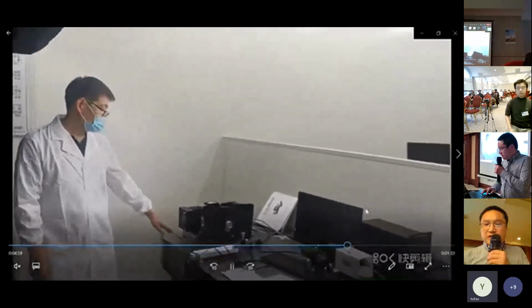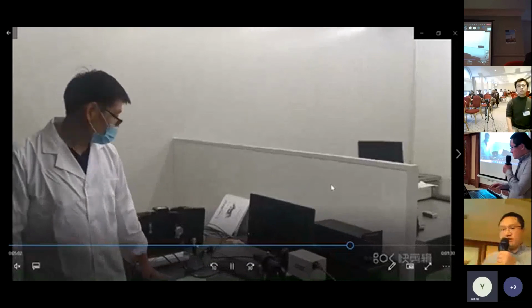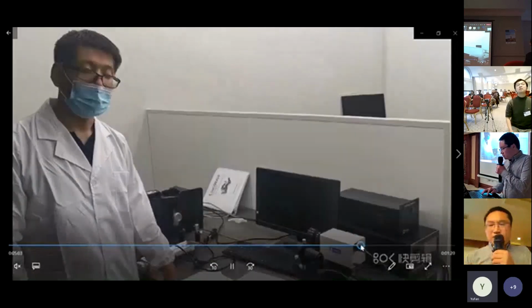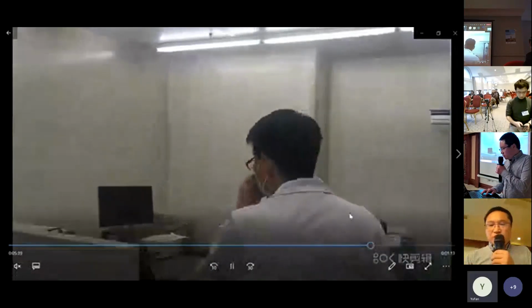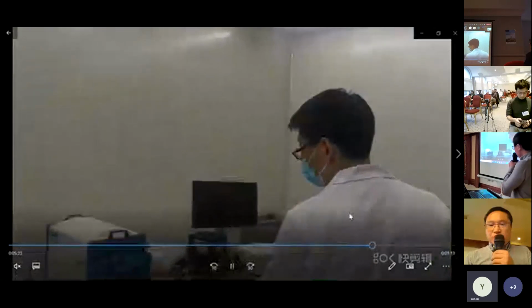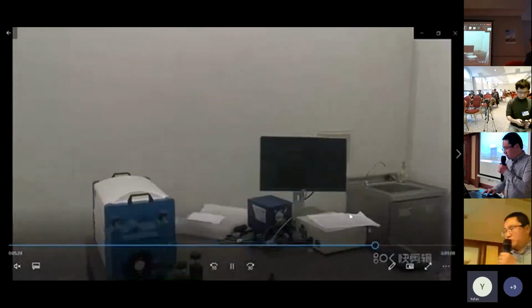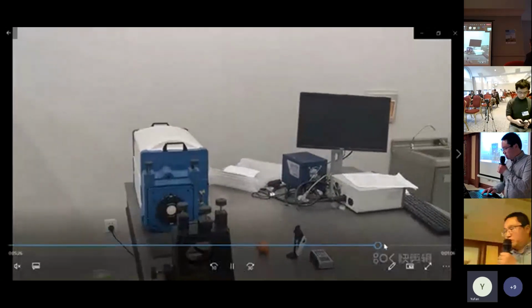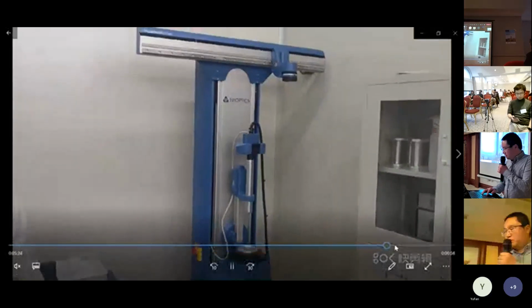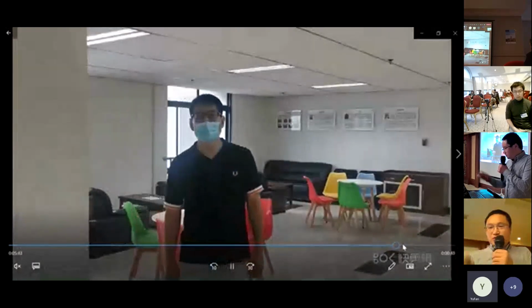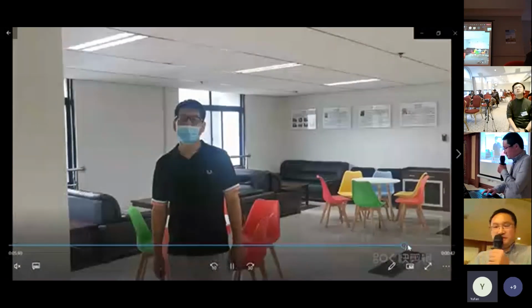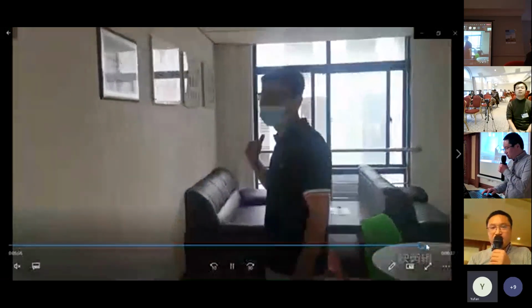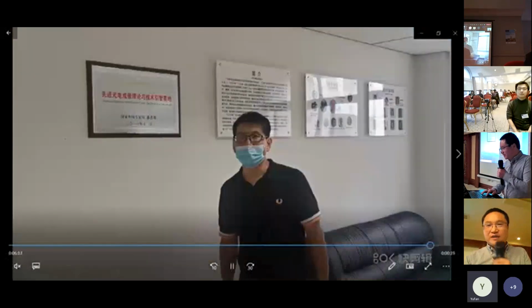This is our terahertz imaging system, and some commercial instruments for wavefront sensing of complex optical systems. Of course, the coffee room. I will not introduce too much here.